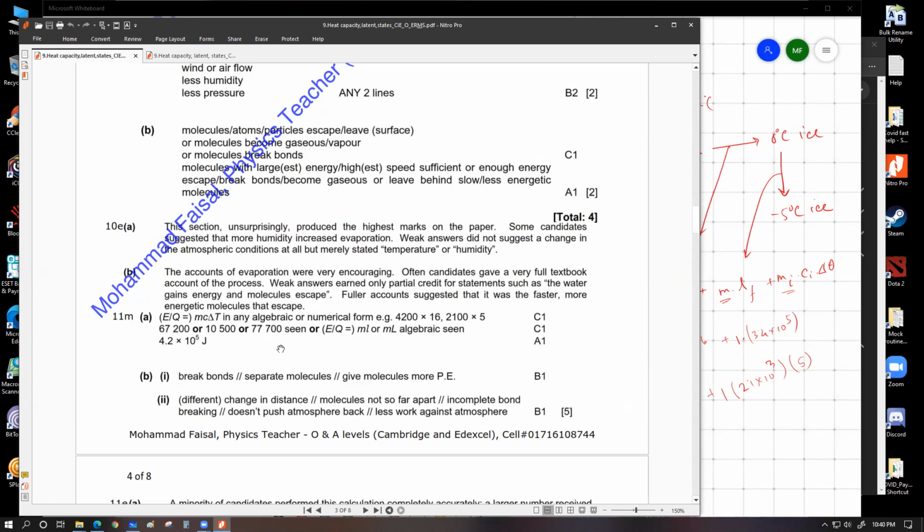If someone is too bad at the calculation and doesn't get any of these values or any correct answer, but even if they have tried the second equation, E equals ML, in algebraic or equation form, then they're going to score this mark as well. Lastly, the correct answer is an A1 mark, for which you can score the full mark.